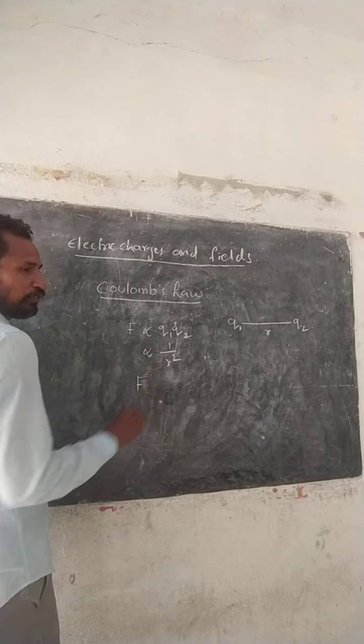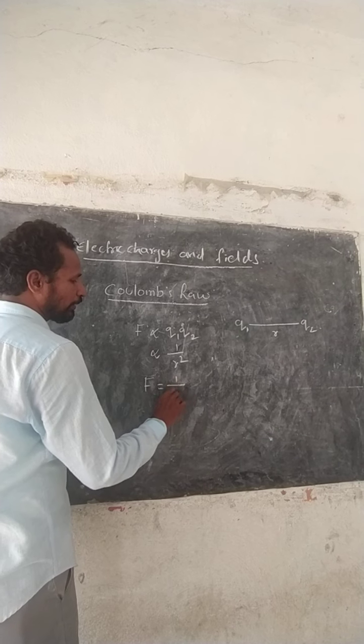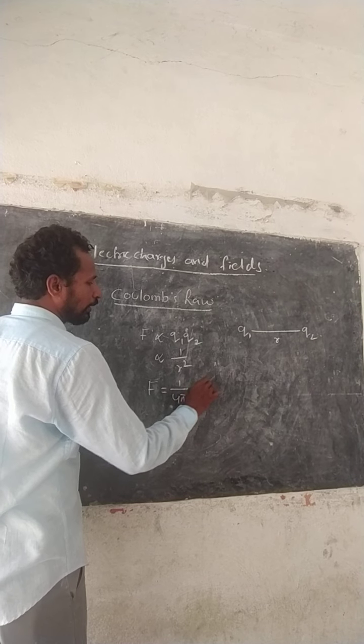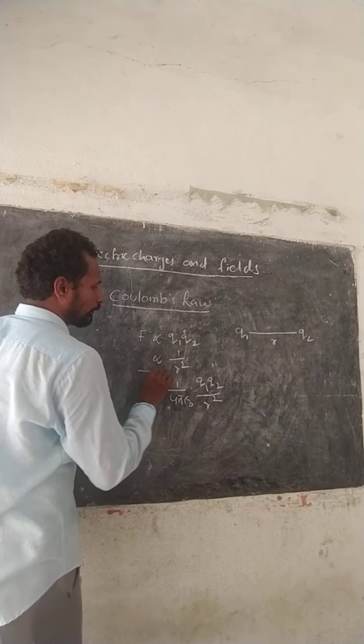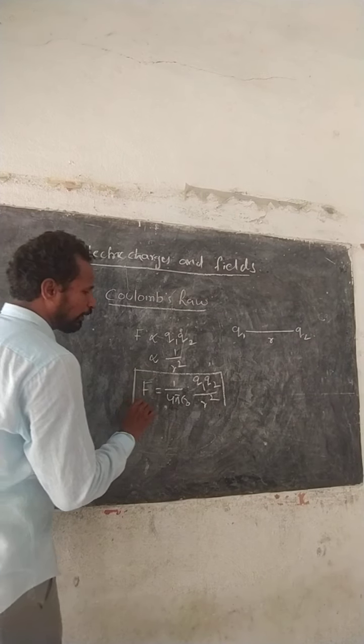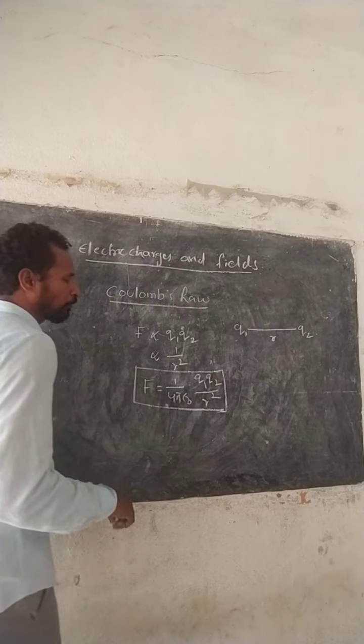Finally, we write F is equal to 1 by 4 pi epsilon naught Q1 Q2 by R square. So this is the formula for Coulomb's law.